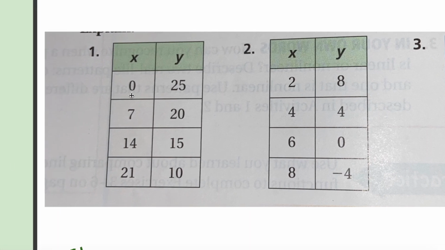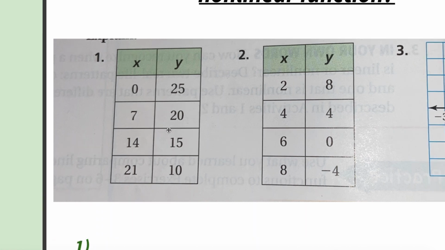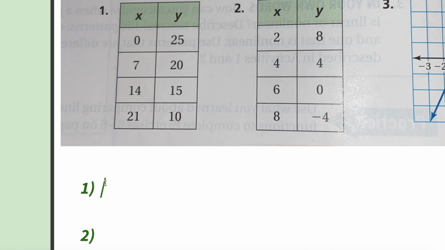Focus on x. So here x, we are increasing it by 7 every time. If you notice, 0, 7, 14, 21. Then y here is decreasing from 25 till 20, then 15, then 10. What did you notice? So y is decreasing by 5. So I'll just solve the first one for you.